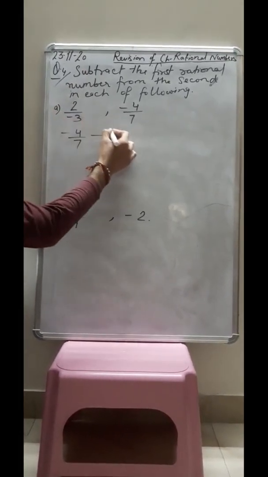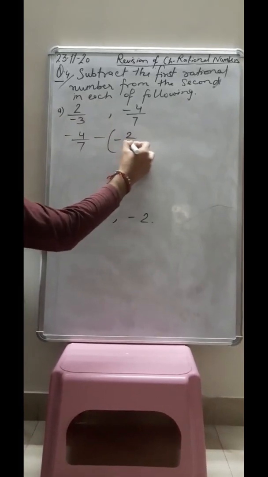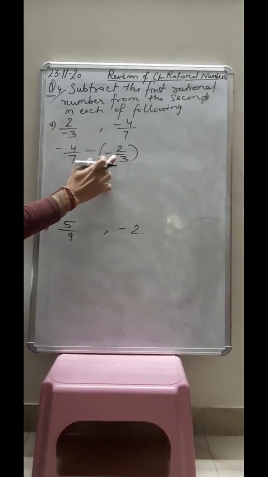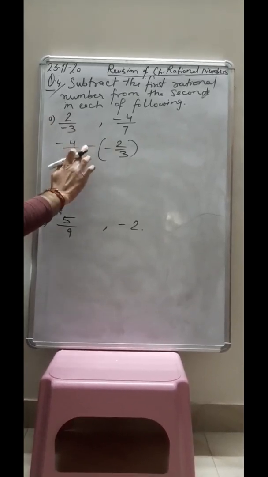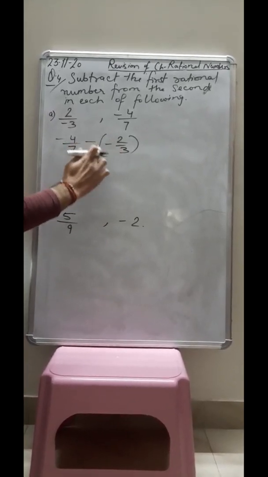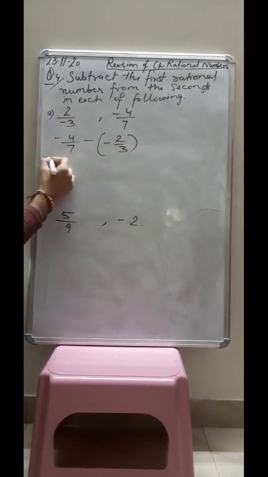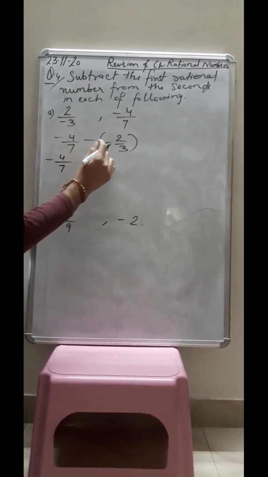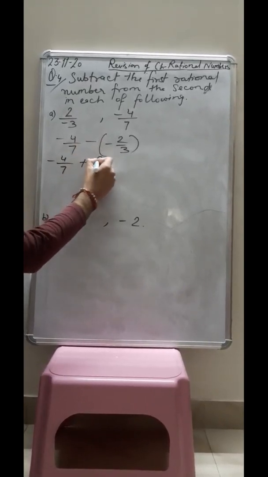This is negative, so we will keep this in brackets. Why are we keeping this in brackets? Because this rational number is negative and we have to subtract. So if we have to subtract and it is negative, first put it in brackets. When you open the bracket, minus 4 upon 7 minus minus becomes plus 2 upon 3.